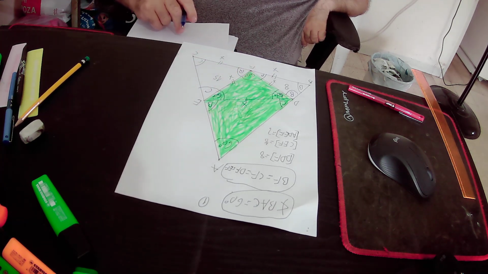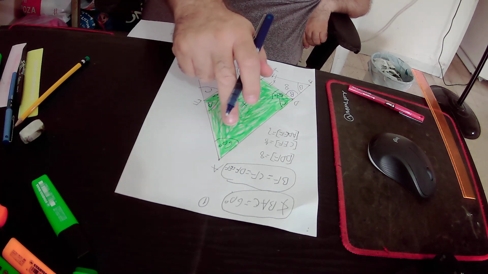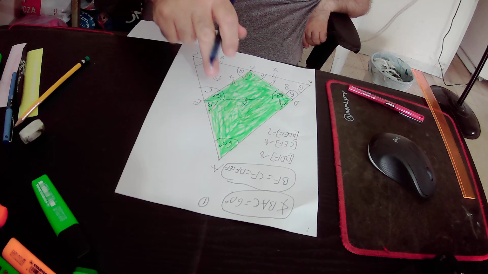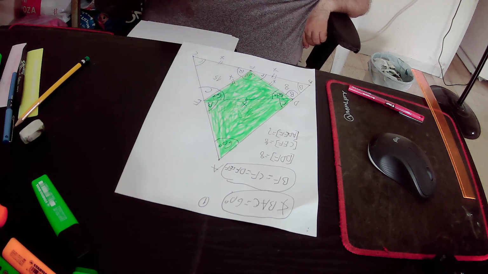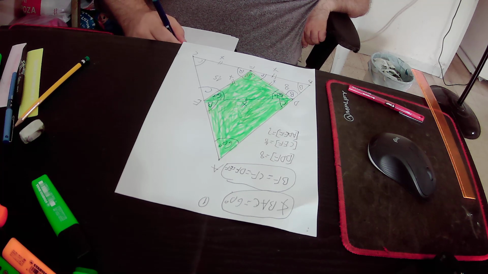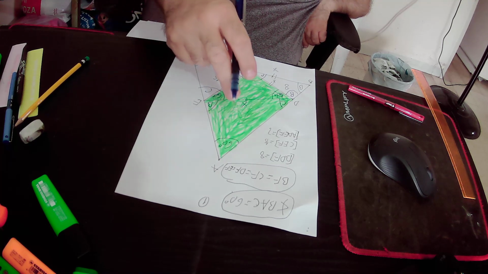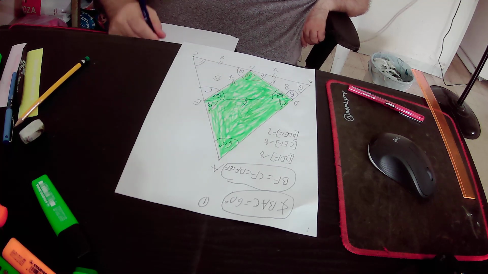It belongs both to the small triangle AED, and it also belongs to the big triangle ABC. So angle A equals angle A, it is a common angle. It belongs to both triangles, triangle ADE and triangle ABC.